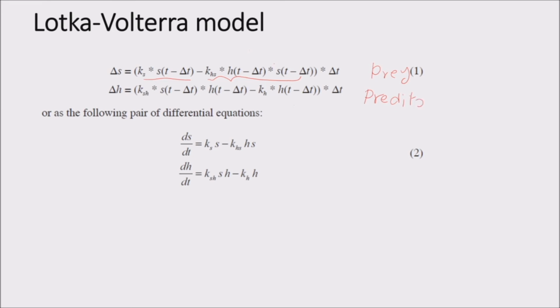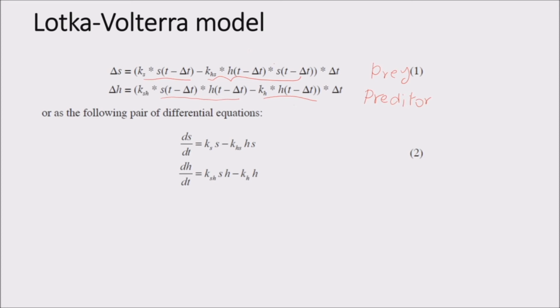So that's what I'm going to test you on, whether you can understand by looking at these equations. I will give you these equations in your exams as well, and you identify which one is predator and which one is prey. So you look at these two terms here, and which one is subtracting which will tell you which one is prey and which one is predator.